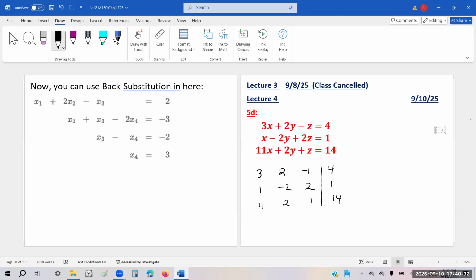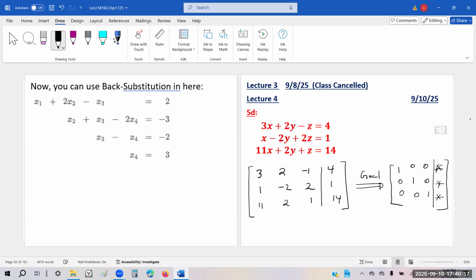Perfect. And you can separate them with a vertical line. So our goal is to convert this matrix into this form: 1, 0, 0, 0, 1, 0, 0, 0, 1, and then there will be some number on the right.